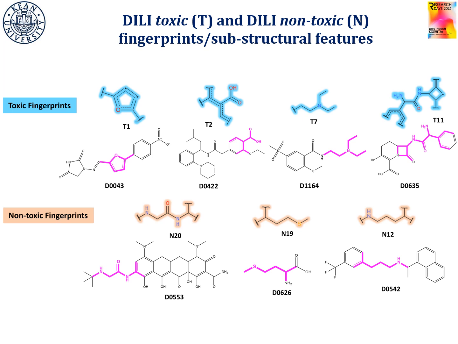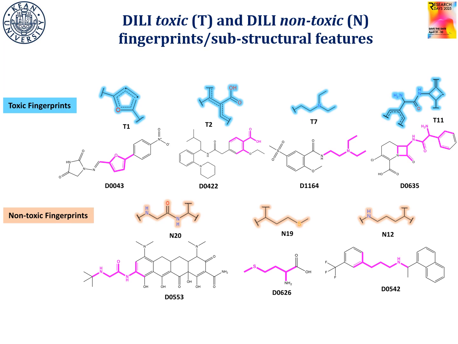So if you see a drug which has any of those blue fingerprints or structural scaffolds, technically you can think that the drug can be DILI toxic. On the other side, the yellow fragments, if present in your drug, are non-toxic fragments, or fingerprints which are good for your drug.